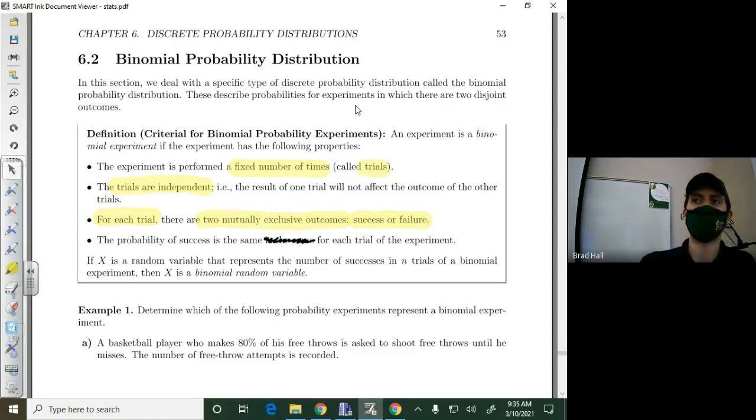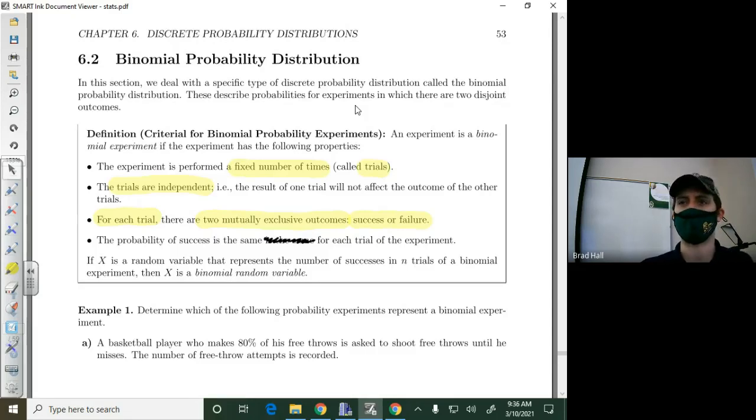We can also attach a random variable to this experiment like we did in the previous section. Again, we call that random variable capital X. If capital X represents the number of successes if we run this experiment lowercase n times, we can call capital X a binomial random variable.